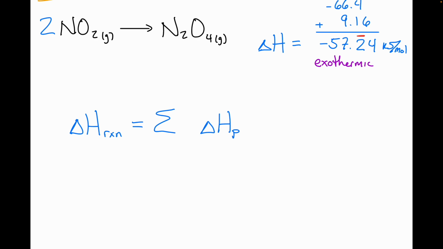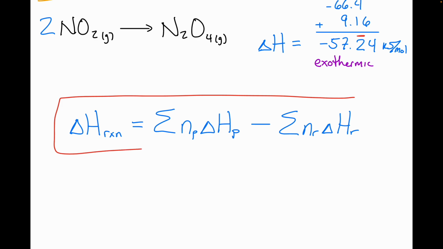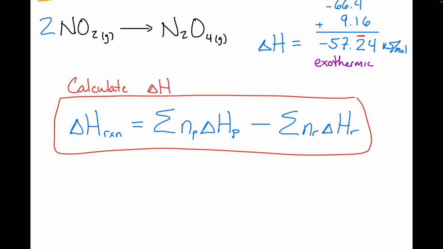We made sure to multiply them by their stoichiometric coefficients. And we subtracted the sum of the delta H of our reactants, again, multiplied by their stoichiometric coefficients. All right? So this equation here is what we're going to use to calculate the delta H for any reaction.